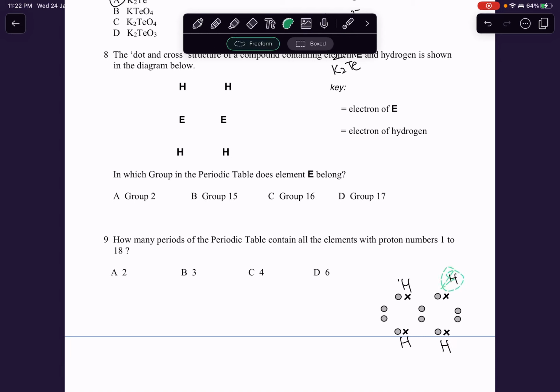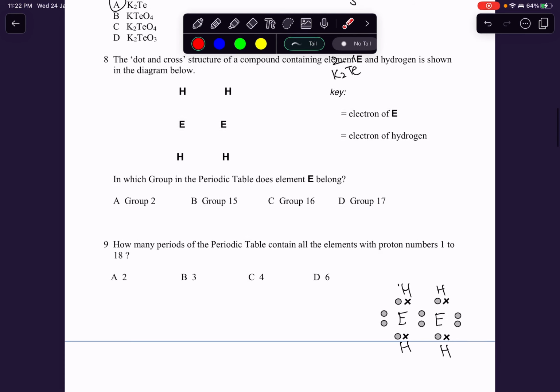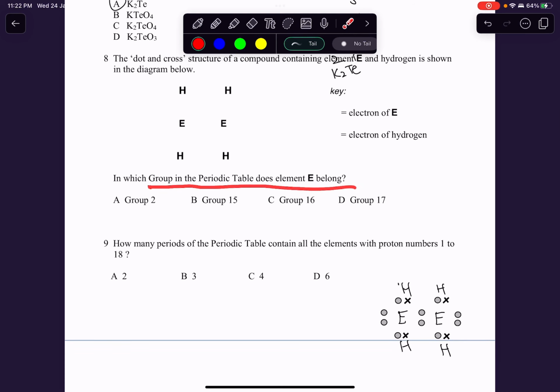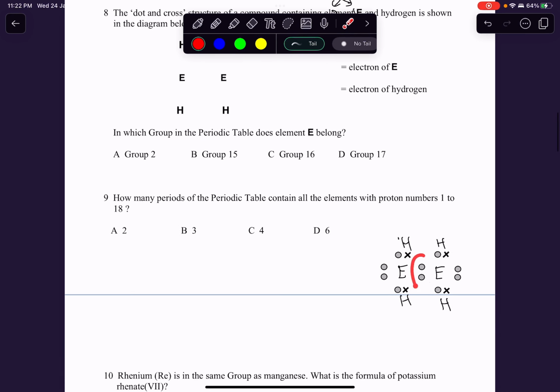Each hydrogen is sharing 1 electron with the E. We don't know what E is; we are supposed to find out which group in the periodic table E belongs to. We must know that they are sharing 1 electron each, or they form 1 single bond.